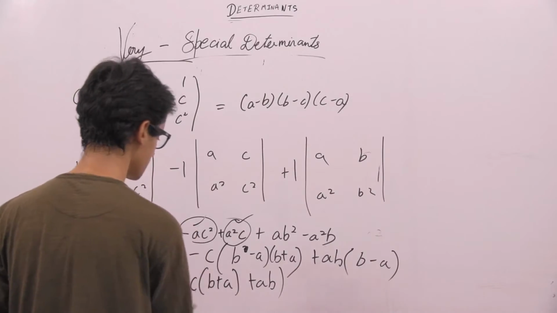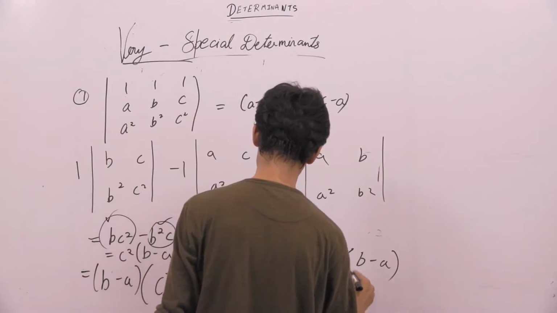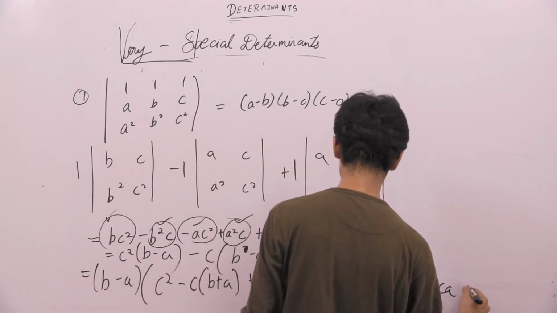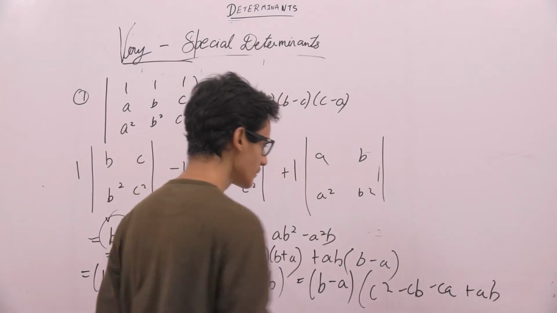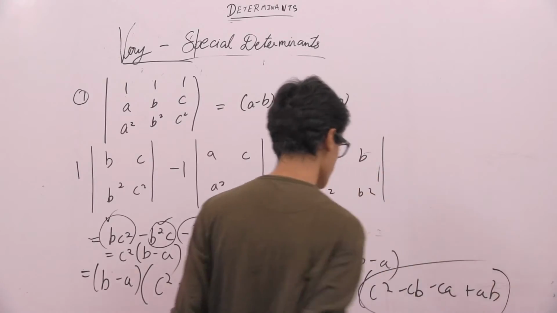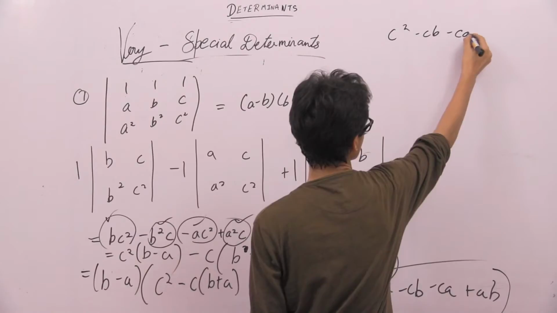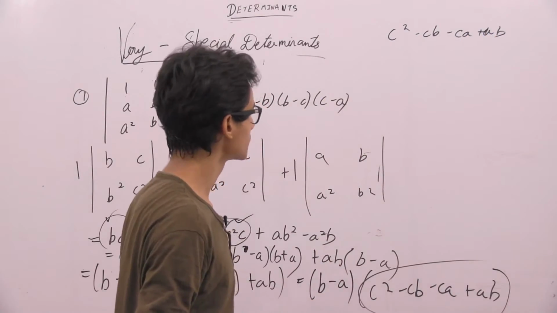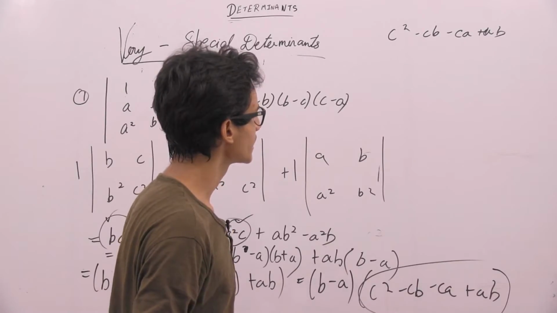Let's expand this: (b minus a) times (c square minus cb minus ca plus ab). Now can we get another common from this over here? We have c square minus cb minus ca plus ab. What we are trying is to find another common factor. So can we get it?